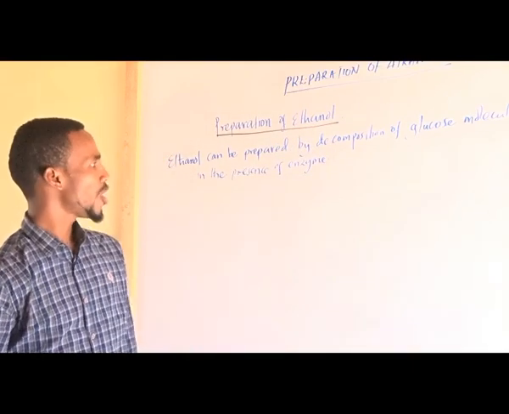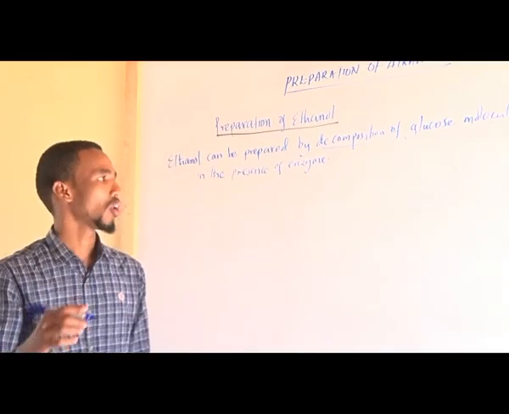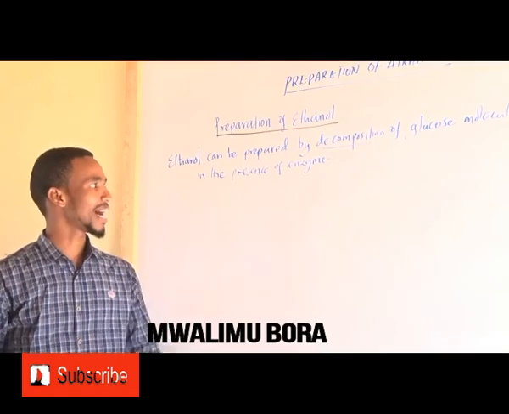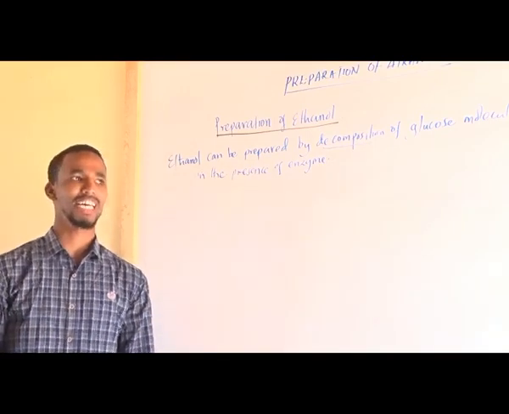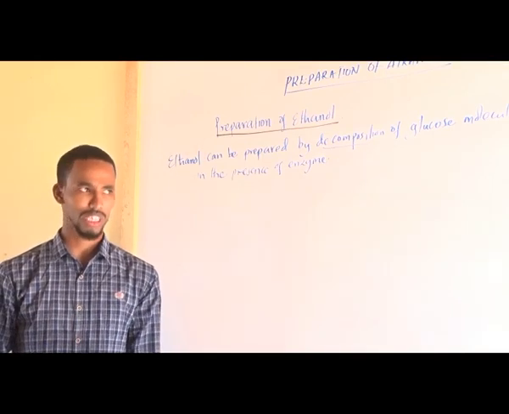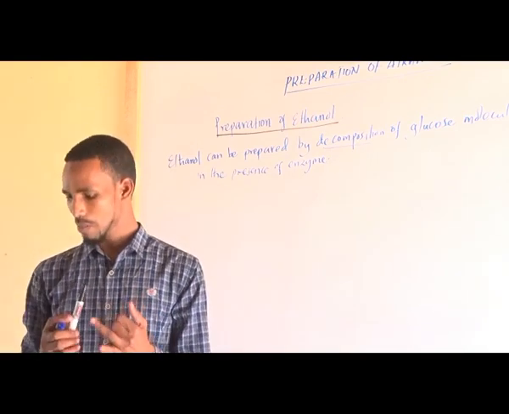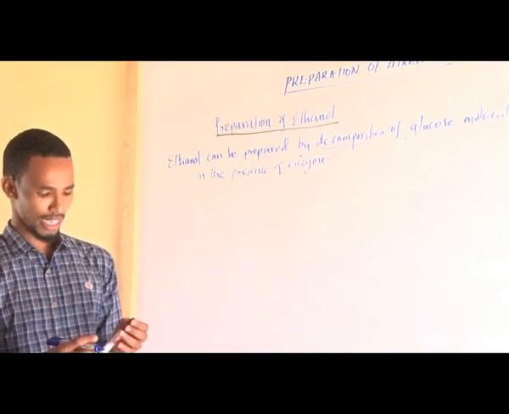Now, what do we mean by decomposition? Breaking down of sugar molecule by a certain enzyme, and that enzyme is found in yeast. So the sugar molecules are broken down into ethanol and carbon dioxide by the enzyme in the yeast.